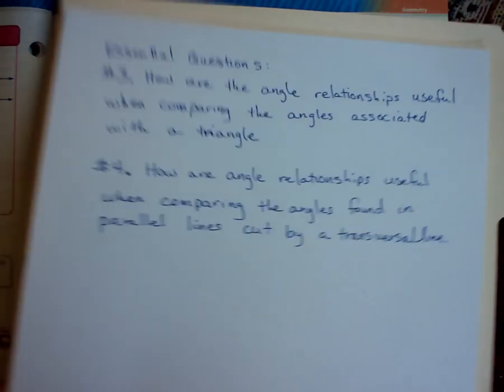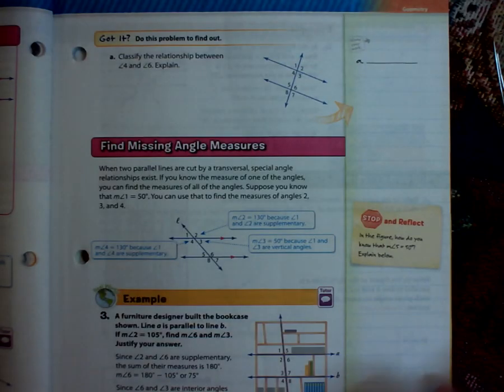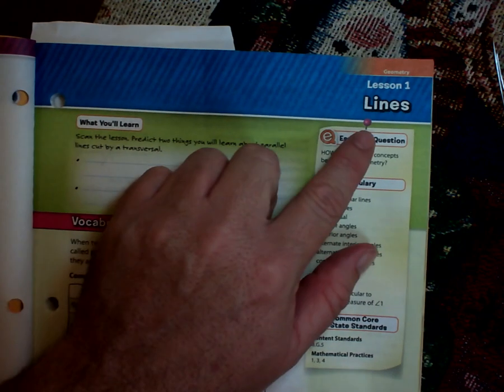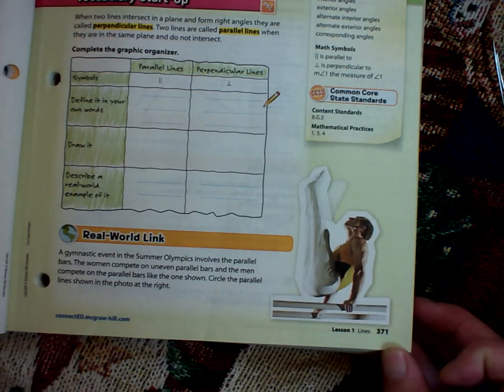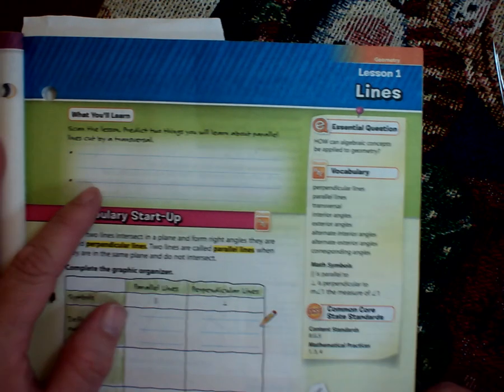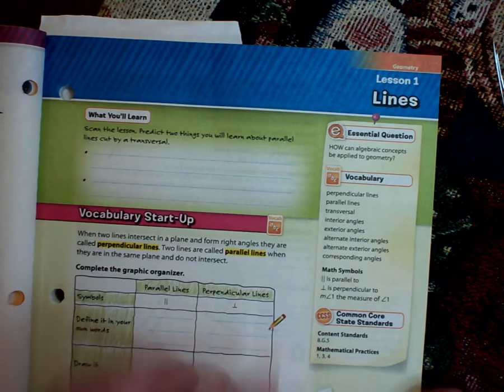So let's move to the book, and we have some vocabulary. Lesson 1 in chapter 5 is lines. You'll find that on page 371 in your book, where it says lines. Scan the lesson and predict 2 things you're going to learn about parallel lines.